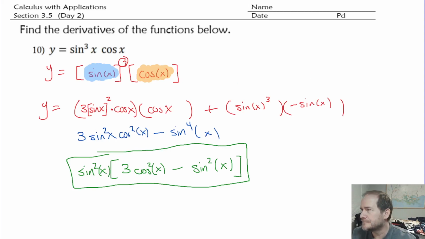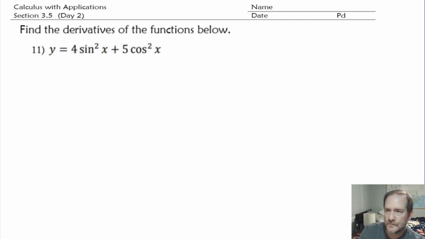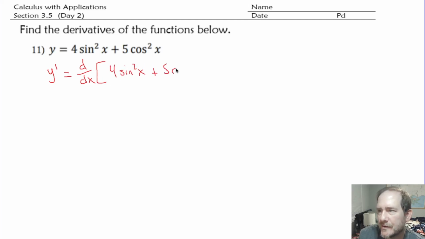Let's try 11. Okay. 11 threw some people off in class because I think they kind of forgot the rules, but wouldn't y prime just be the derivative of this whole thing, technically, 4 sine squared x plus 5 cosine squared x? I'm writing kind of fast because you should know this already.